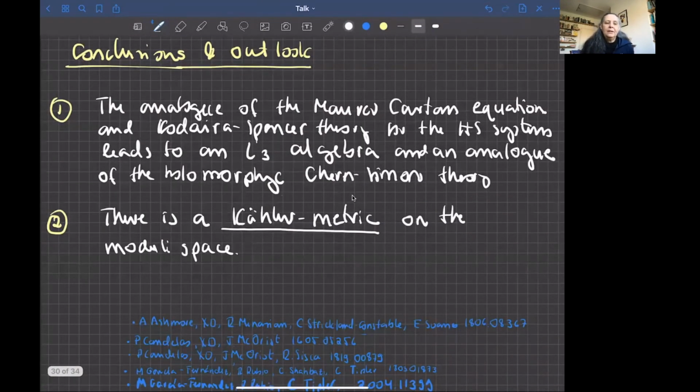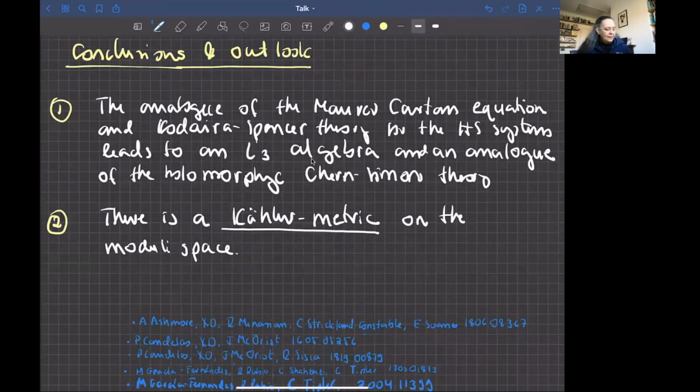Further work has been done after the understanding of the infinitesimal deformations of the whole Strominger system. This work has to do with understanding what happens when you have finite deformations, or what's the analog of the Maurer-Cartan equation for complex structures.